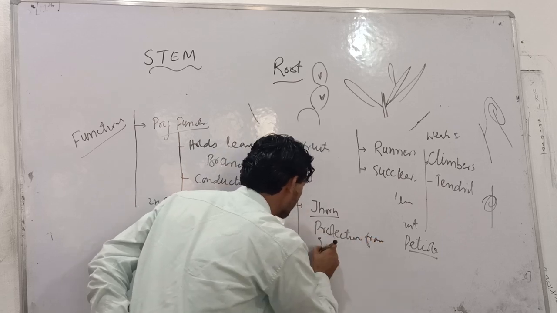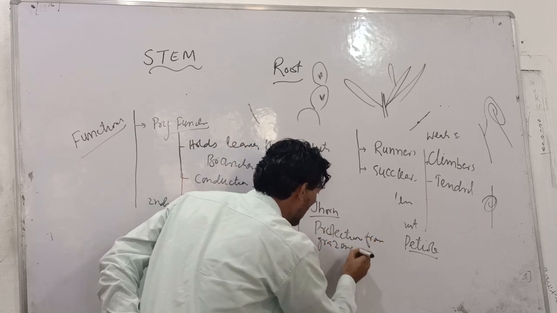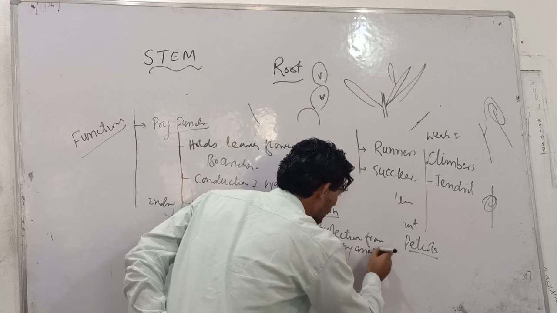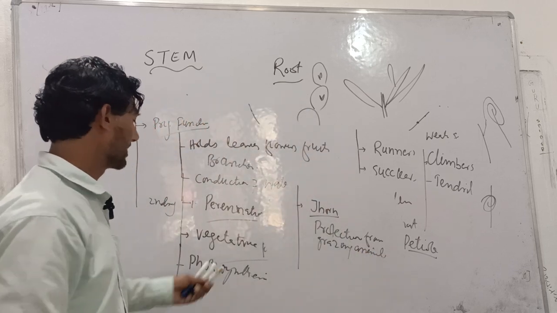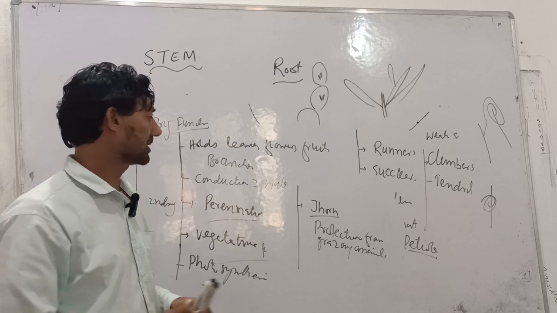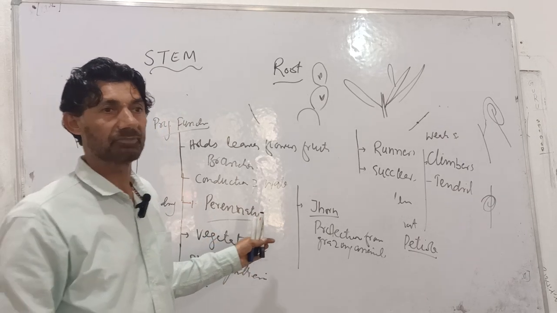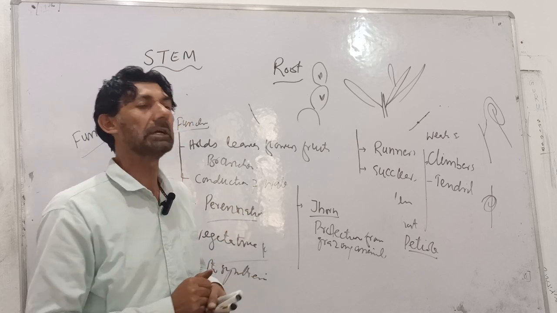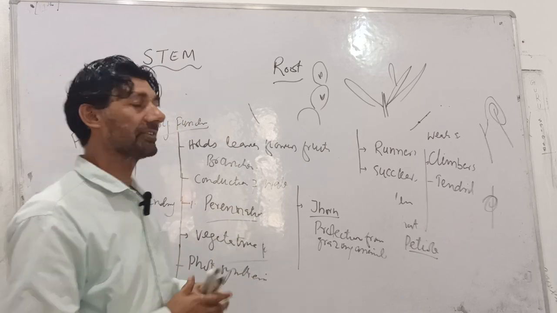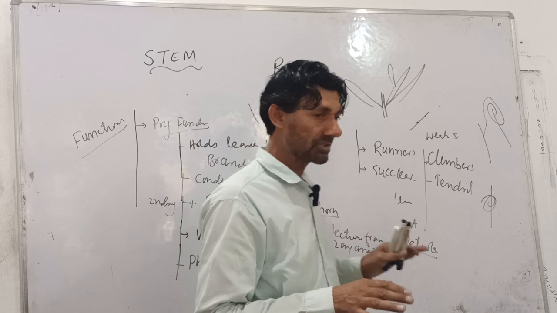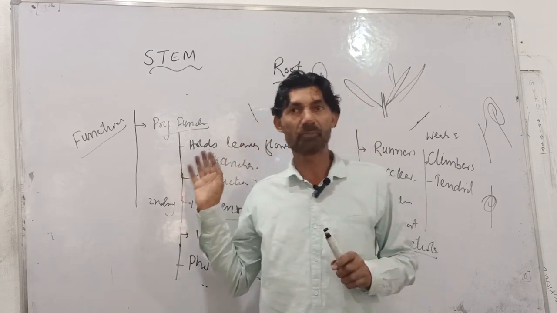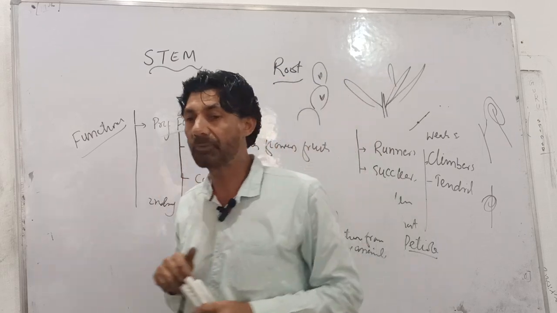These are additional functions beyond the basic support of the plant. So these are the functions of stem. I think this was all about stem, its structure, as well as its modification.